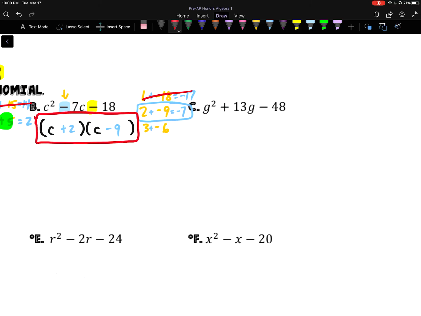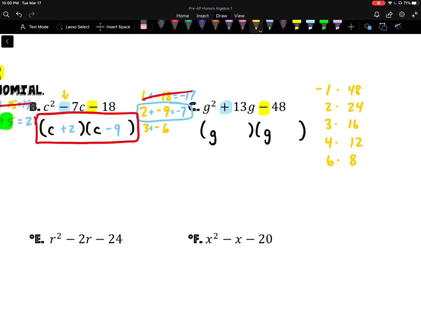All right, looking at C. Only way to get to G squared is G times G, so that goes in front of both. My C value is negative. My B value is positive. So my larger of the two factors has to be positive. So if I list out my factors, 1 times 48, 2 times 24, 3 times 16, 4 times 12, 6 times 8.